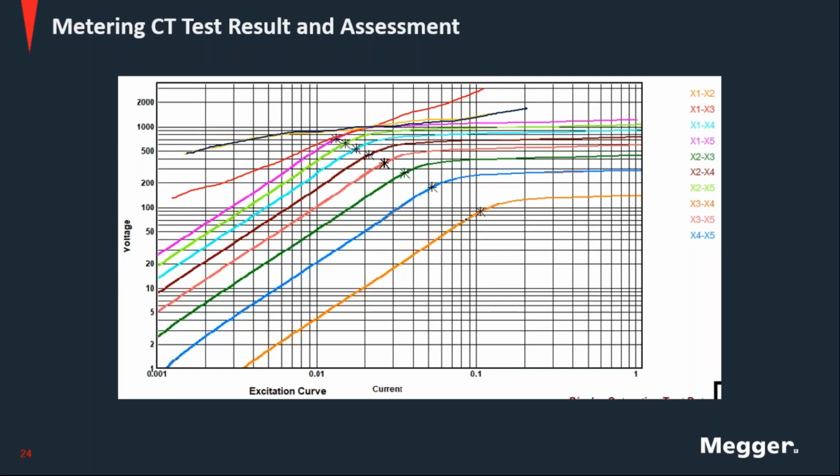I don't know, Volney, if you can draw that on a different, yeah, exactly. You continue that one, and where they intersect, if they intersect outside of the characteristic, you would bring a straight line across perpendicular to the characteristic, and that would be the definition by IEC of the knee point. Okay, thanks, Volney. Thank you, Bill.